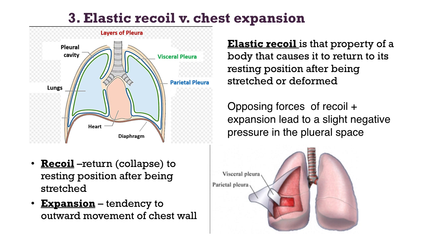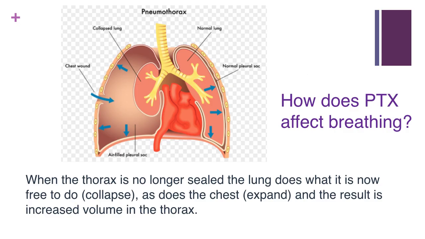So the opposing forces of recoil and expansion are what lead to that negative pressure within the pleural space, which is really and truly critical for our ventilation. And when we lose that negative pressure, we drastically alter our ability to breathe in and out. This is what happens in the classic case of a pneumothorax.